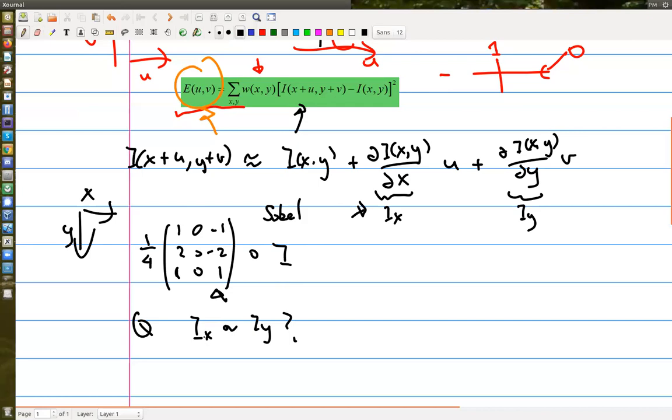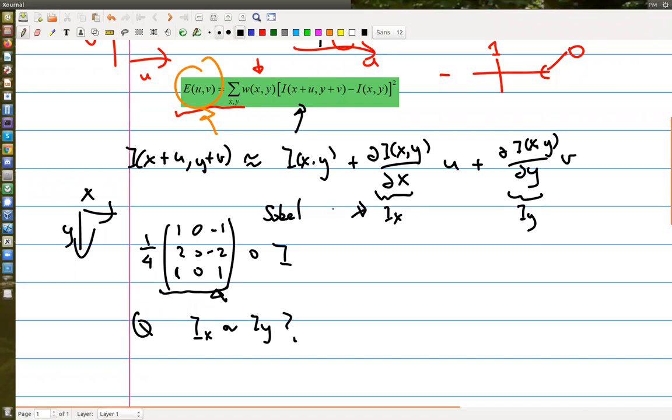Yes, for this particular filter, it should be the derivative in the Ix direction. Good. So yes, this is a derivative in the Ix direction. Great.